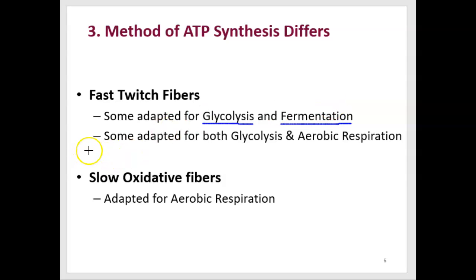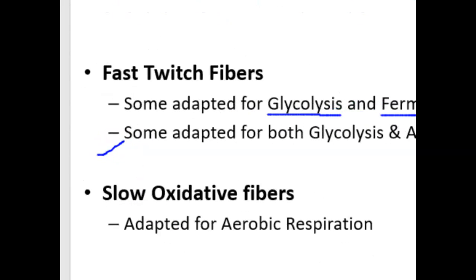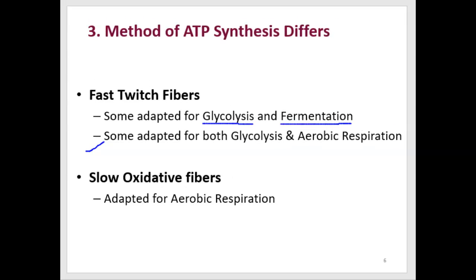Now there are some fast twitch fibers that can also do aerobic respiration. Those we're going to see are the intermediate types, but generally for fast twitch fibers for now we're just going to consider glycolysis. Slow twitch fibers are called oxidative fibers because they are highly adapted for aerobic respiration.